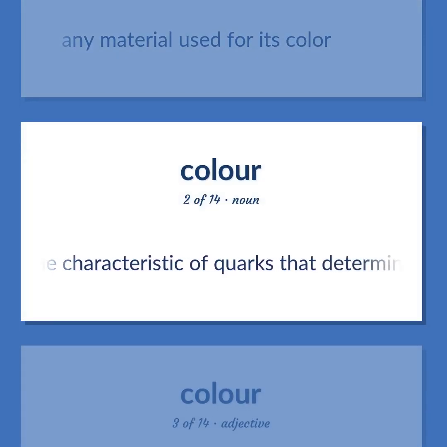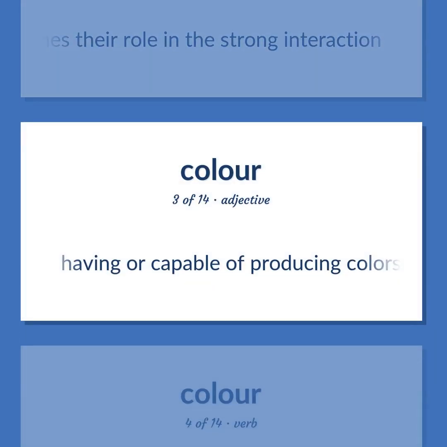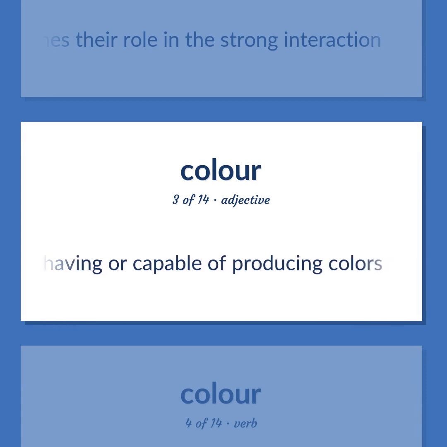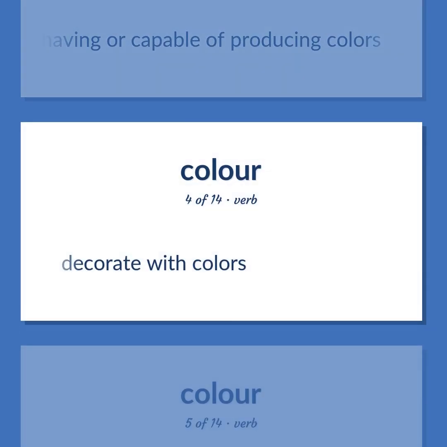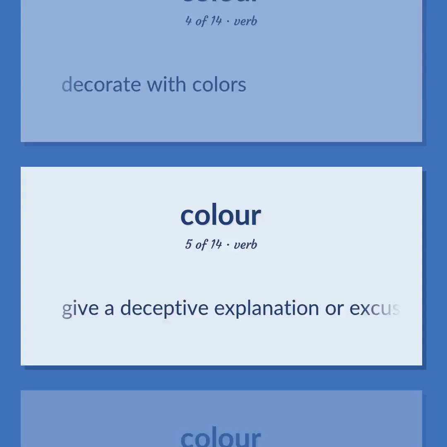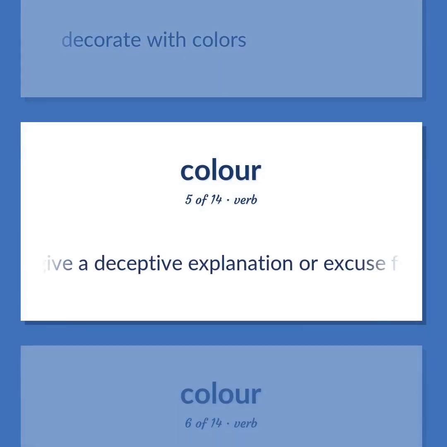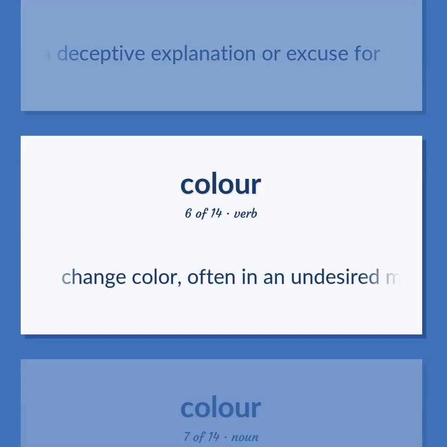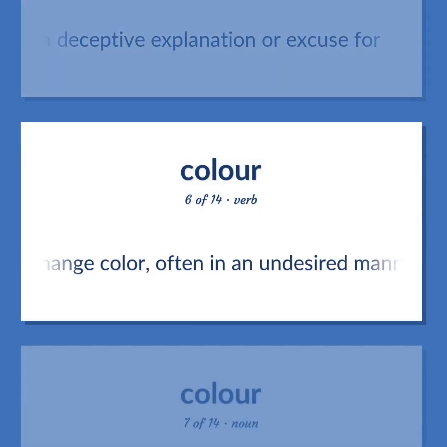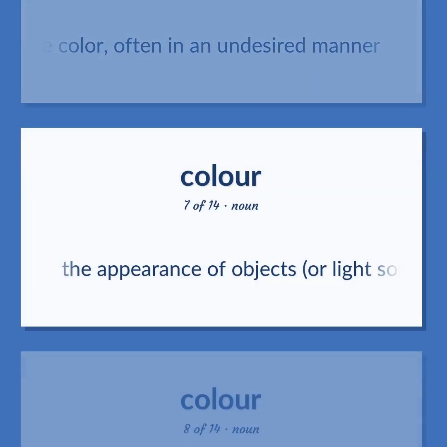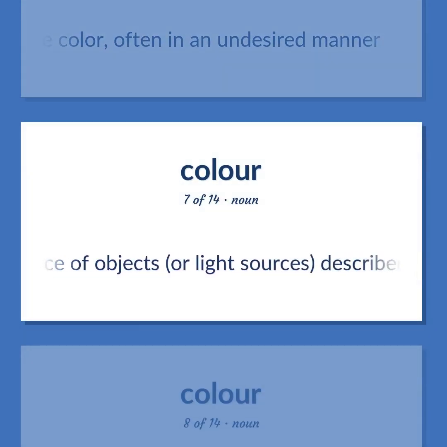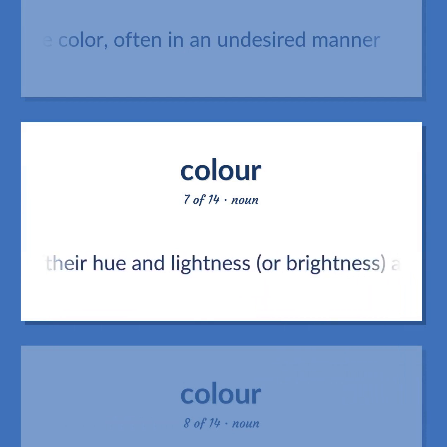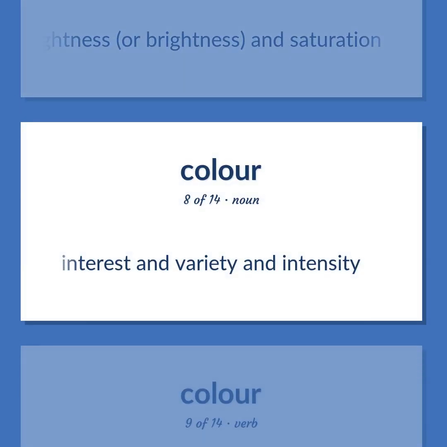Physics. The characteristic of quarks that determines their role in the strong interaction. Having or capable of producing colors. Decorate with colors. Give a deceptive explanation or excuse for. Change color, often in an undesired manner. The appearance of objects, or light sources, described in terms of a person's perception of their hue and lightness, or brightness, and saturation. Interest in variety and intensity.